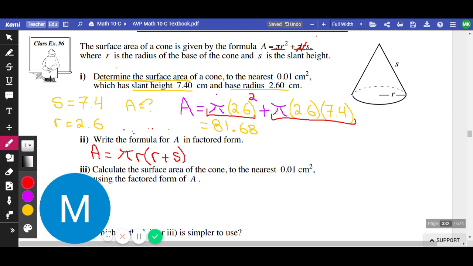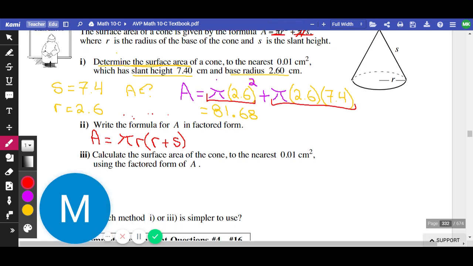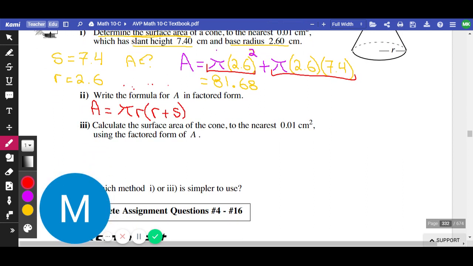Awesome. Part 3. It says calculate the surface area of the cone to the nearest 100 centimeters squared using the factored form. So we're going to do the exact same thing. We're going to replace r with 2.6 and s with 7.4. We're just going to use this formula now instead of the other one. So that means area equals pi, and instead of r, we're putting 2.6. Bracket again.